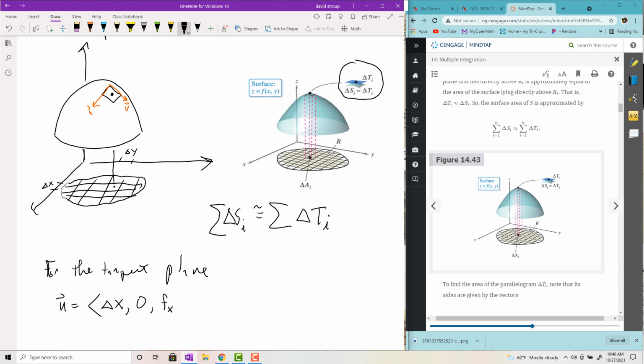So f sub x of whatever point you're dealing with, x sub i comma y sub i. Then the other vector, the v vector I drew on this plane, we could describe as 0 in the x direction, and then in the y direction, some little change in y, and then the partial derivative with respect to y tells you either a rise or fall in that direction, right? So f sub y at x sub i comma y sub i.